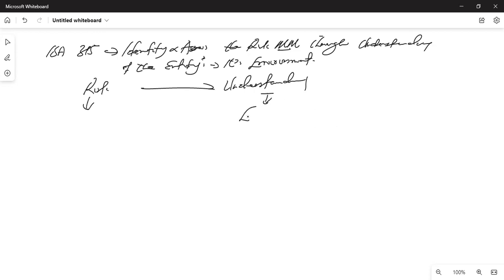Now, you need to understand the entity first. You need to understand the entity, okay? Because who are the people who own the entity? Ownership, control, all right? Operations.